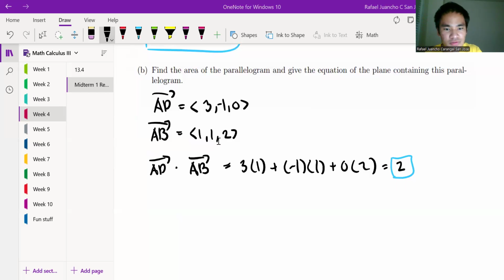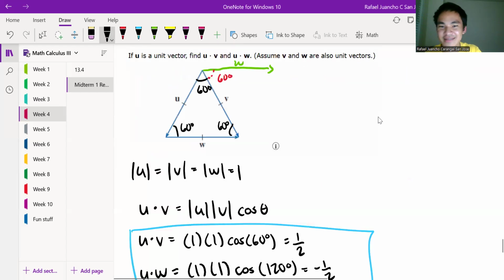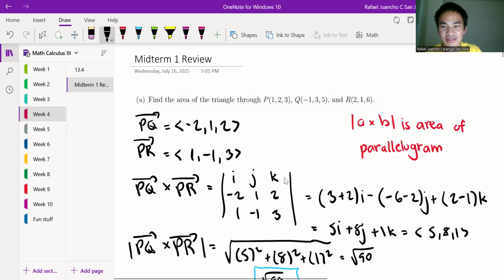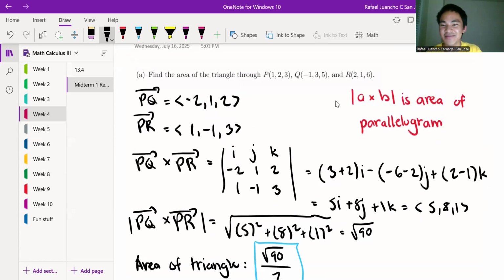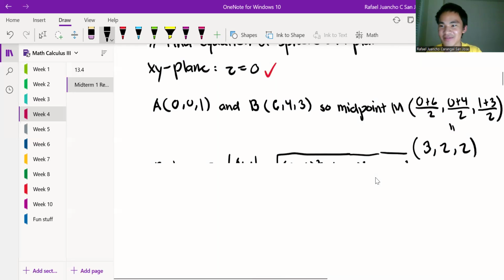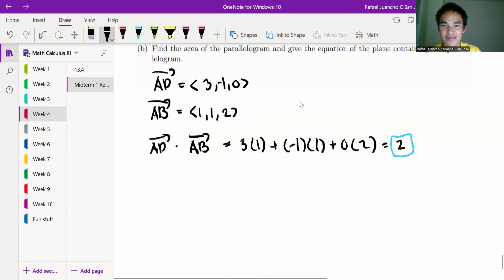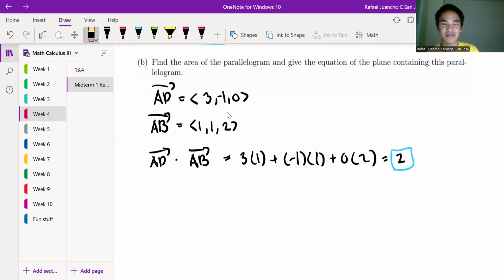And oh, my bad. I actually do a cross product. What? Okay, my bad. They do a cross product here. Oh, so it's the magnitude of their cross product. My bad. So I have to. Okay, I got these two.